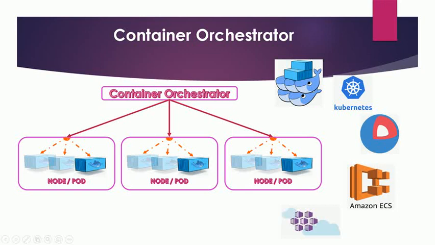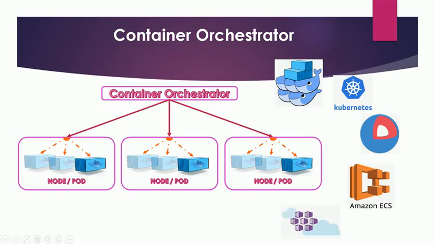So this is a great tool, and that is why orchestration tools like Kubernetes or Docker Swarm are so popular. Apart from these two, there are many other similar orchestration tools available in the market, but Docker Swarm and Kubernetes are the most used ones.